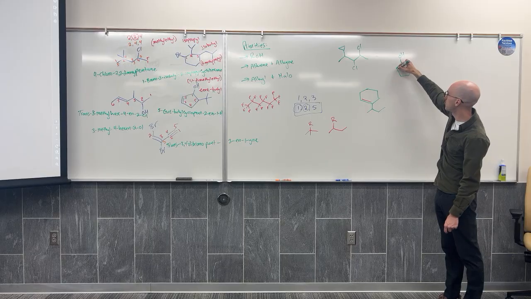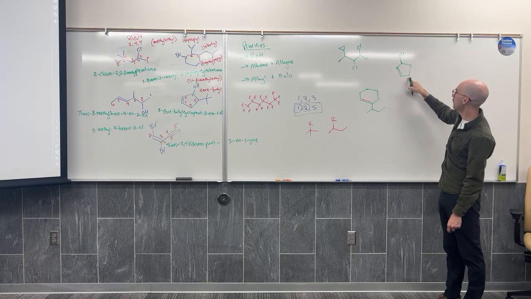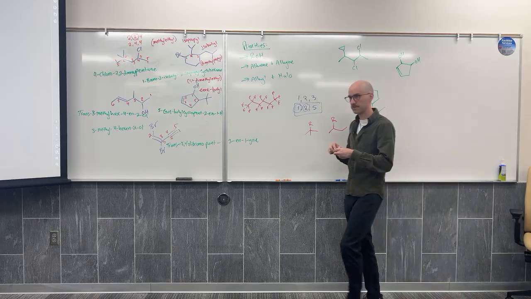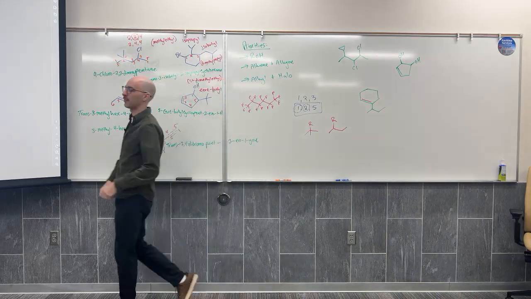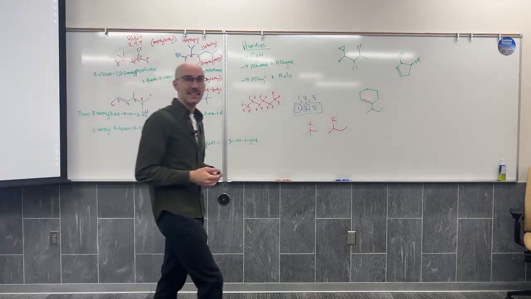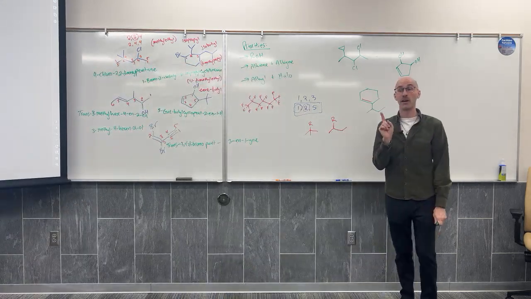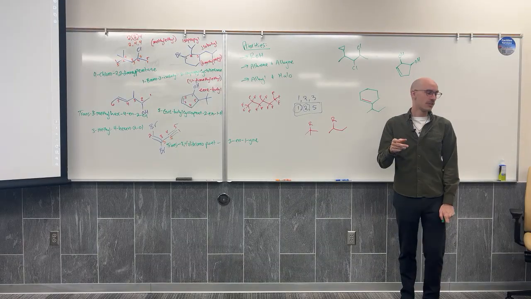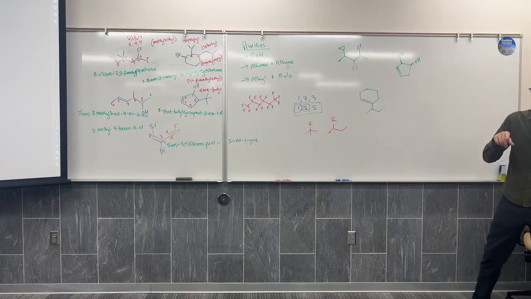Here's position 2 for my alkene, 3, 4, 5 for my second alcohol. What are you not happy about with this one, Jordan? It doesn't prioritize alcohol. The alcohol has not been prioritized. Well, in a way, it prioritized one alcohol, but it did not prioritize the other. How would you have numbered it instead?